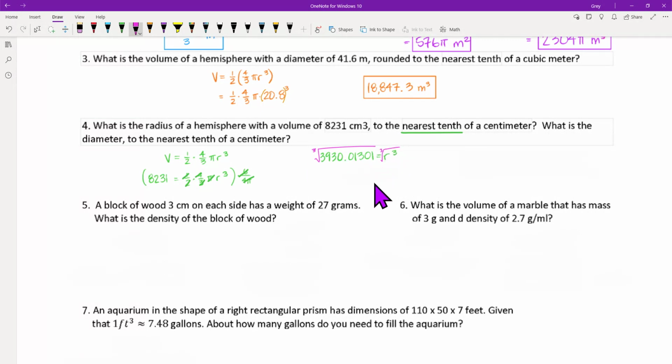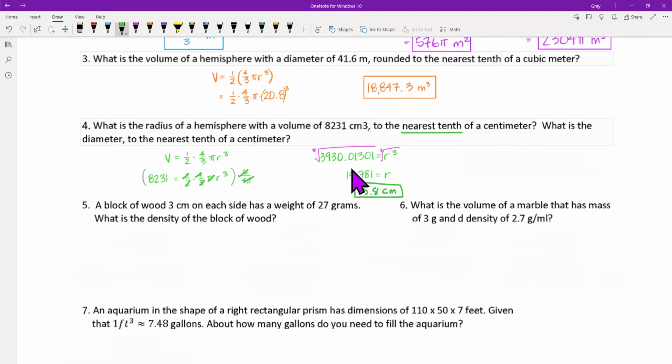Make sure you know that button on your calculator. So r equals 15.781, which of course in Delta Math you would say is 15.8 centimeters. Okay, so that's the radius. What's the diameter?